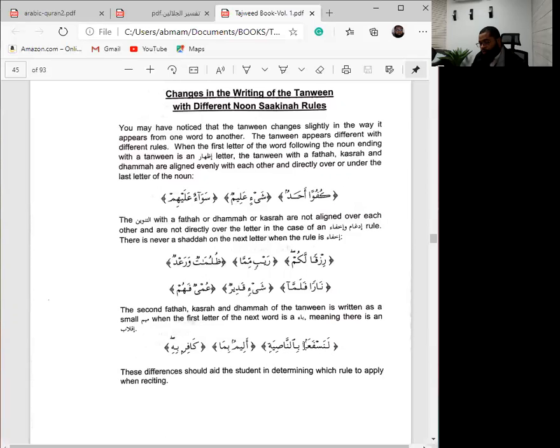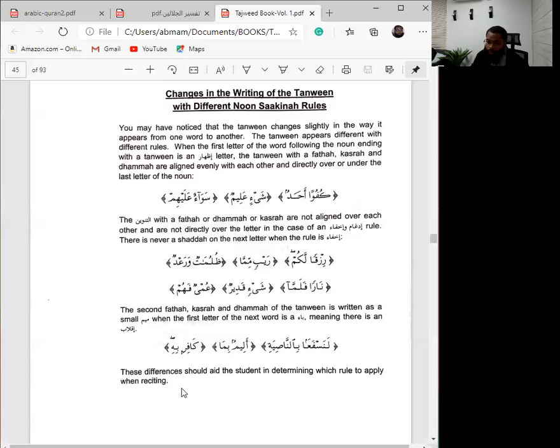So because this noon is changed into a meem, the second vowel of the tanween is changed to a meem. Alimun bima kafirim bih. These differences should aid the student in determining which rule to apply.